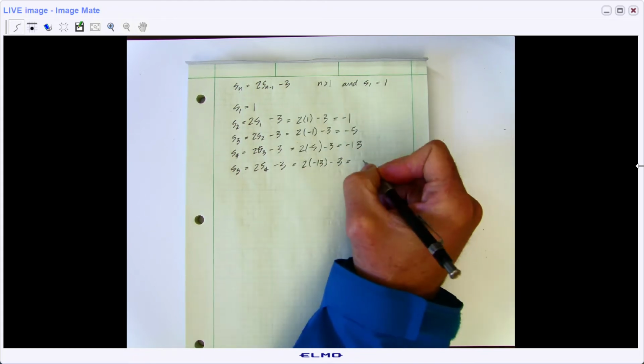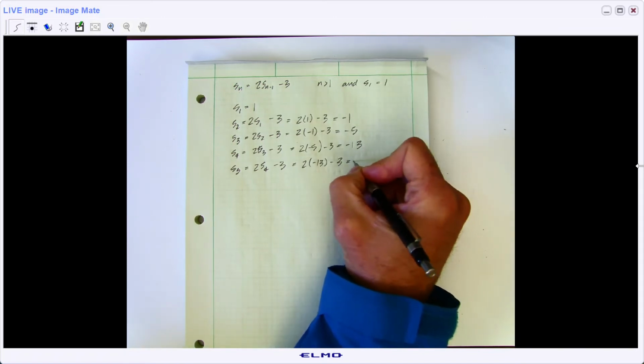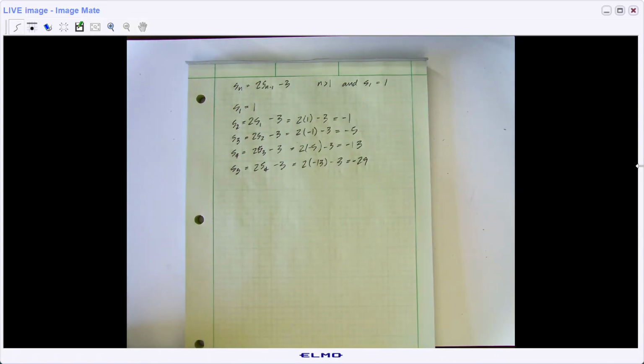And that's going to be negative 29. Okay, so here would be an example of a recursive function at play, and this idea of building each individual number from the previous number. And that's all a recursive formula really does.